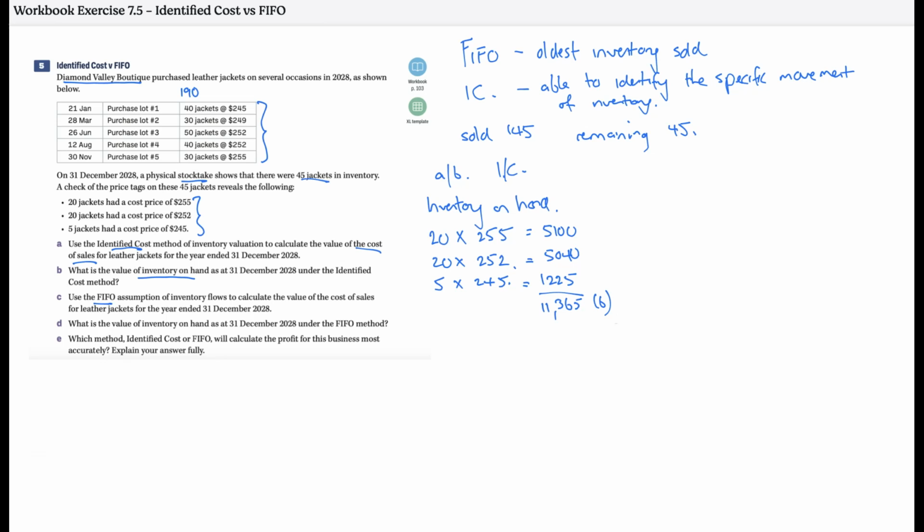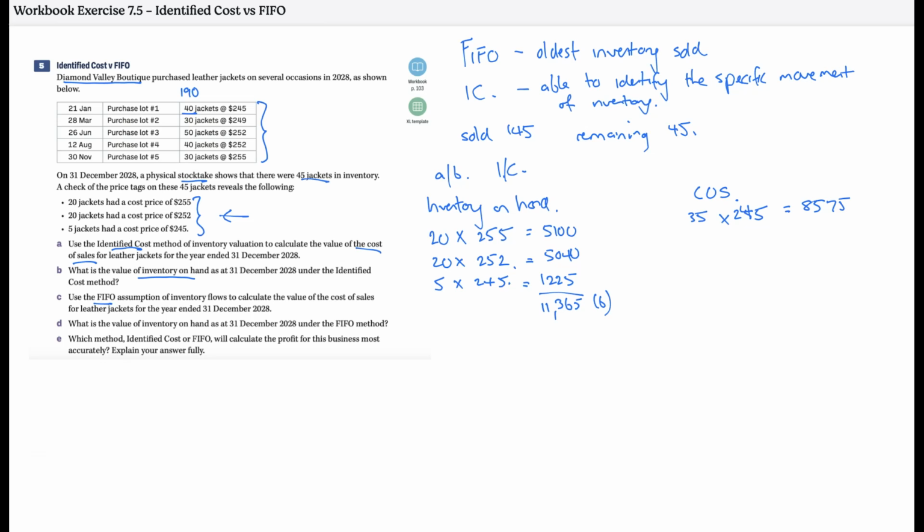Now this is where we're going to move back to A. We can then work out what the cost of sales was, because if we know what is left, we then know what was sold. If we had 40 of the $245 ones, but we have 5 left over, that must mean we sold 35 of the $245 ones, which totals $8,575.